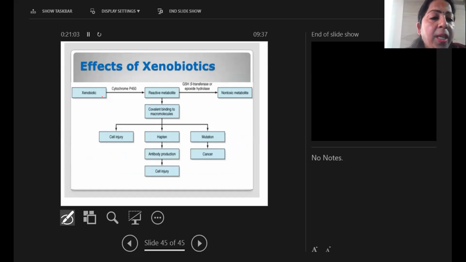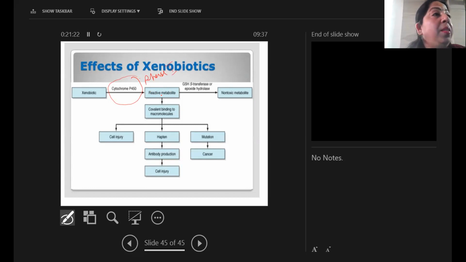This is a xenobiotic acted on by the cytochrome P450 enzyme system, which is an integral component of phase 1. These are the phase 1 enzymes, and they convert it into some reactive metabolite. Understood?